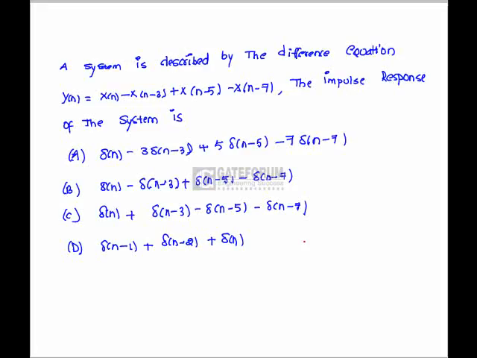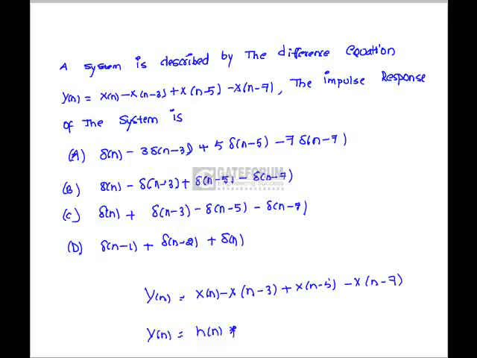A system is described by the difference equation y of n equals x of n minus x of n minus 3 plus x of n minus 5 minus x of n minus 7. What is the impulse response of the system? Here y of n is nothing but h of n convolved with x of n.